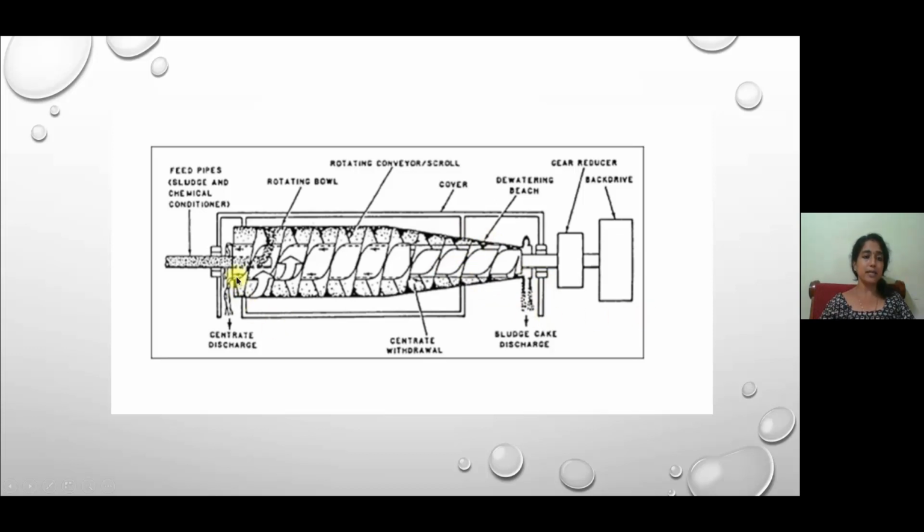You can see the feed pipes here, and the rotating bowl is also shown in the figure. You can see a rotating conveyor and scroll, which helps to transfer the solids from one end to the last collection point. A gear reducer is also given in order to change the speed, and here you can see the dewatering breech.